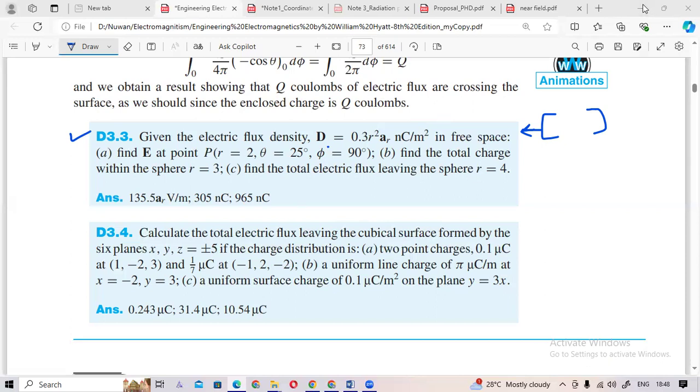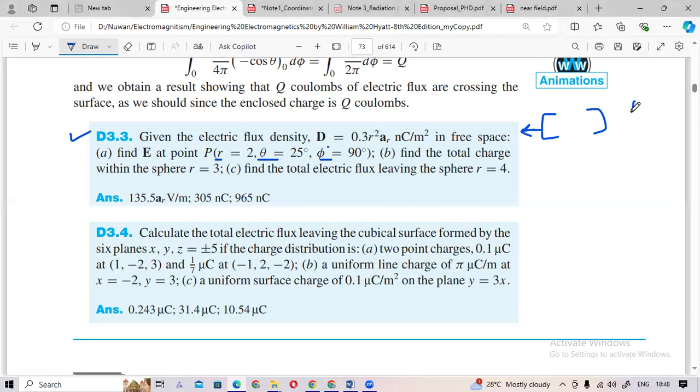So actually, this is not Cartesian coordinates, because you can see that here r, θ, φ are there. So r, θ, φ is related with what coordinate system?